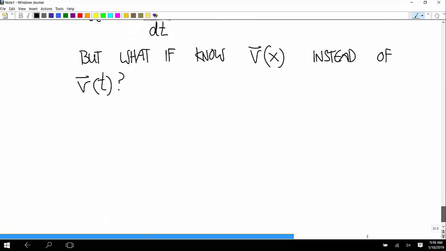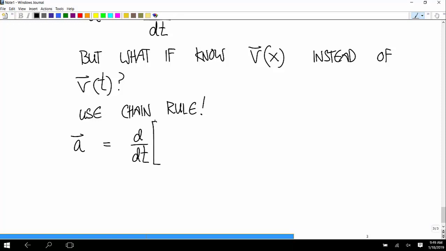But if you use the chain rule, then the acceleration is equal to the time derivative, and I'll write it in the form that I have for defining the chain rule. That's the derivative of the velocity, which is a vector, and it's a function of x.